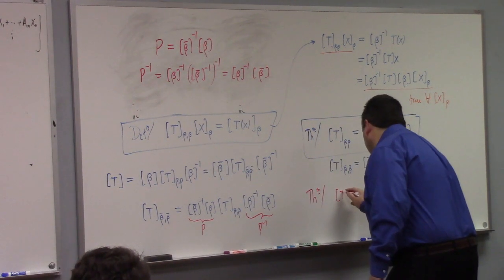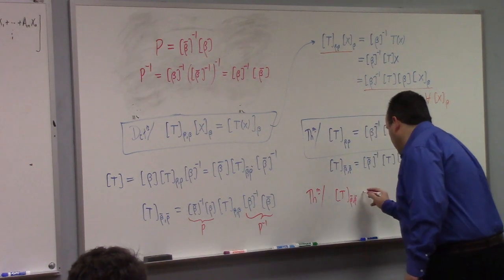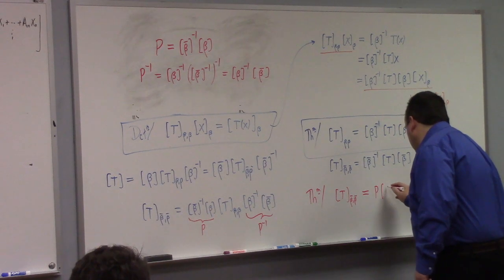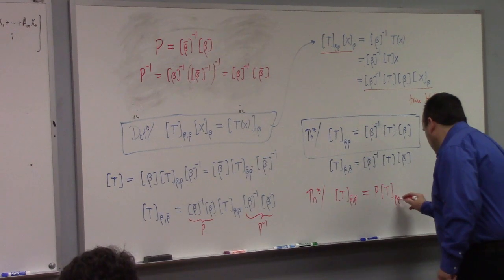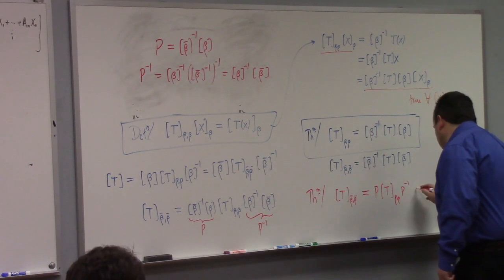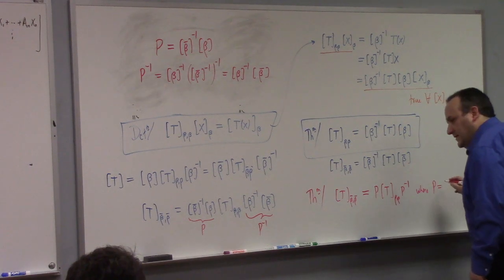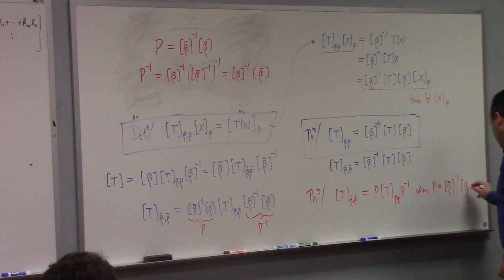If you have the matrix of a linear transformation with respect to the barred basis, it is also equal to P times the matrix with respect to your beta system times P inverse, where P is beta bar inverse times the beta matrix.